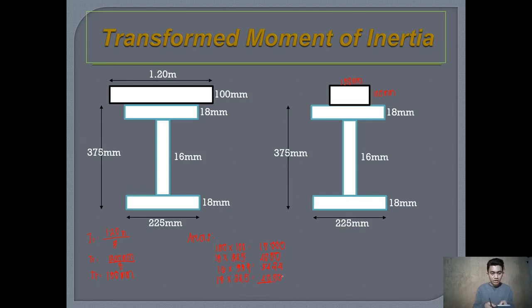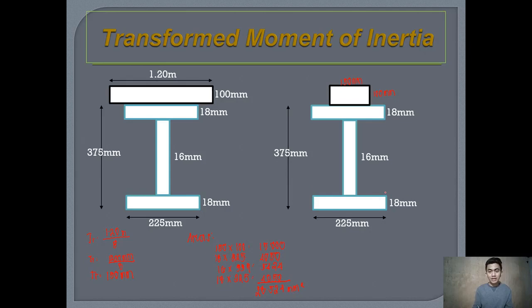Total area is 15,000 plus 4,050, 5,424, and then 4,050, which is 28,524 millimeter squared.